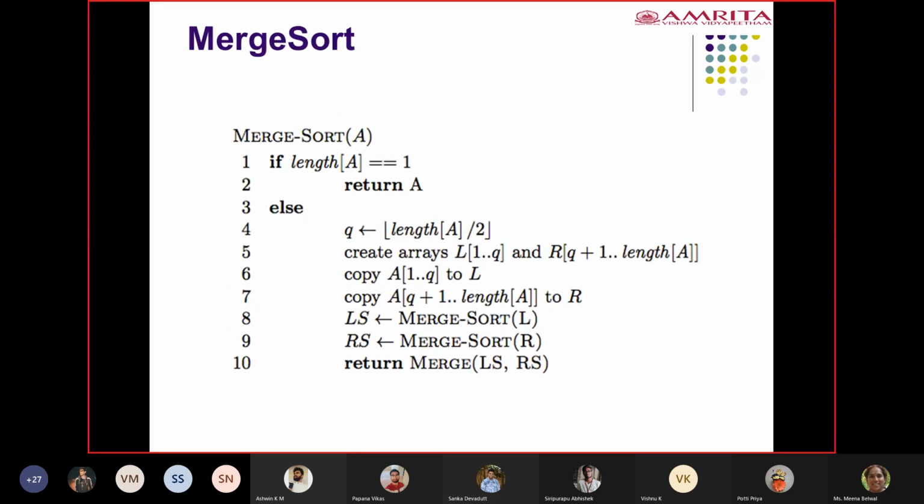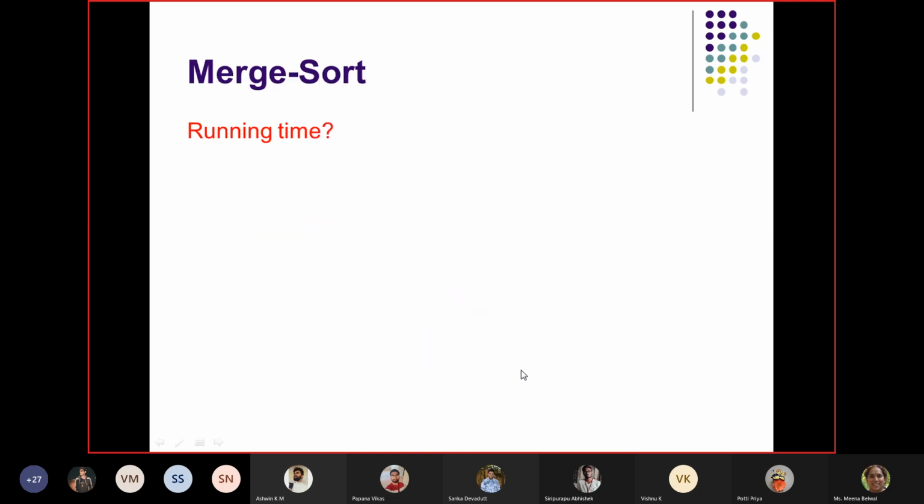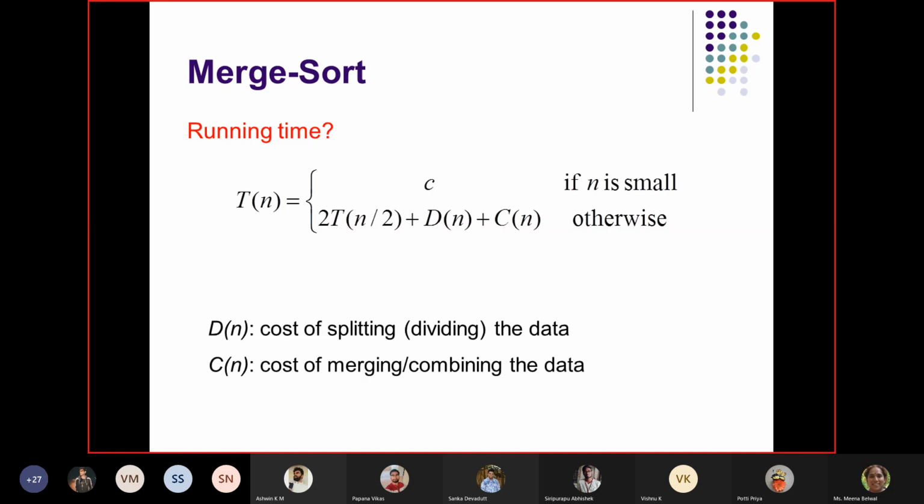But now let us come back to merge sort. In merge sort we are calling merge sort on L, merge sort on R, and finally we are merging L and R, right? So we are trying to find out the running time of the whole merge sort.